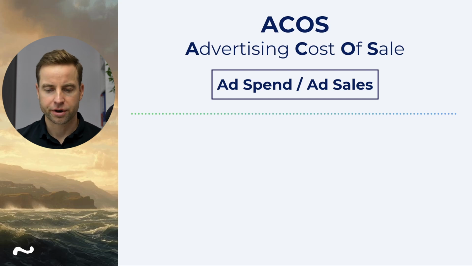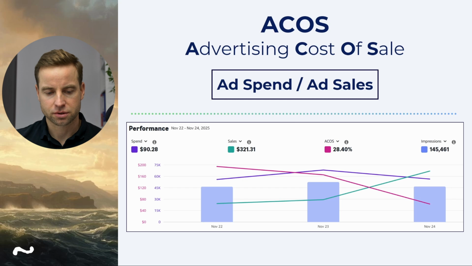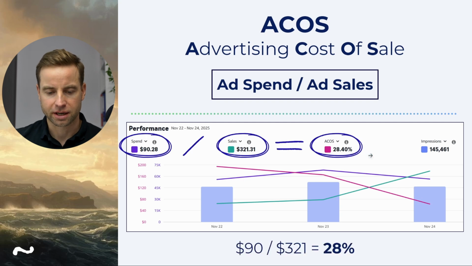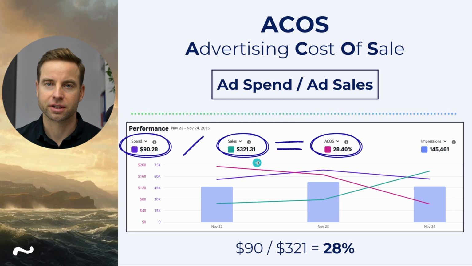So if we go to our Amazon Ads console, we can see these metrics like spend, sales, and ACOS. ACOS is calculated by dividing spend by sales. What is really important to remember here is that the sales value is not the royalties.